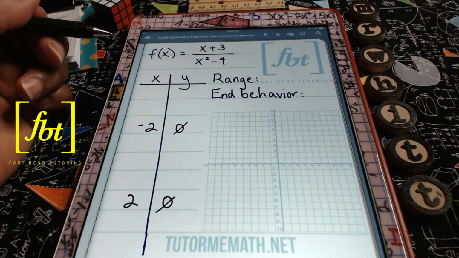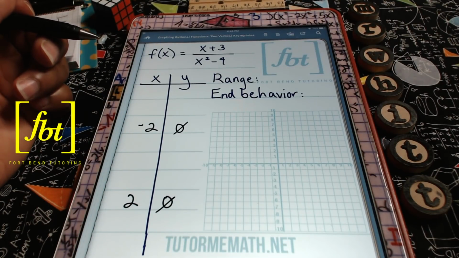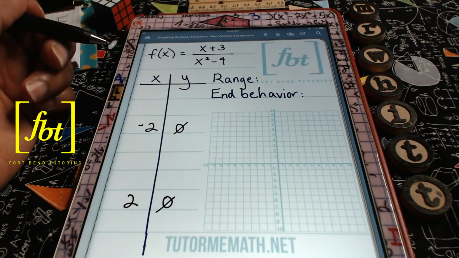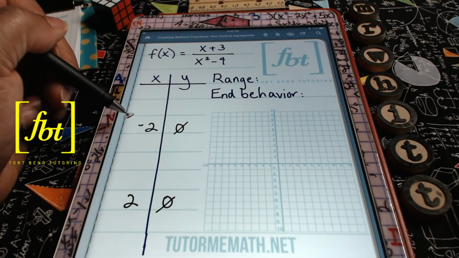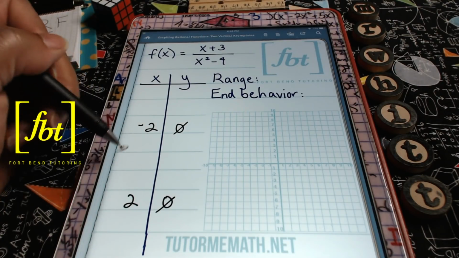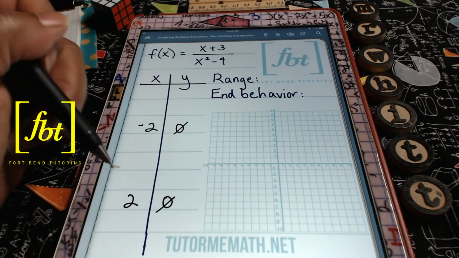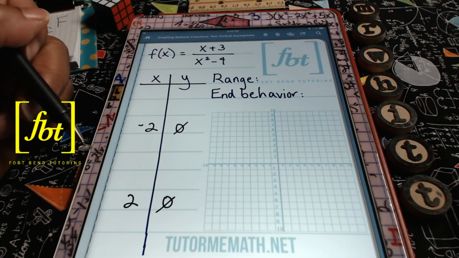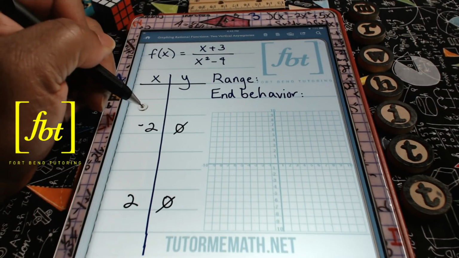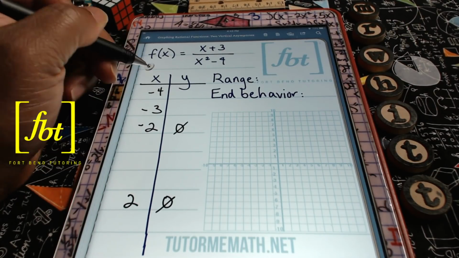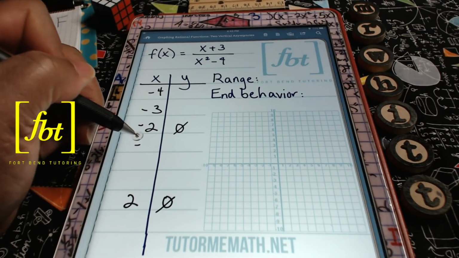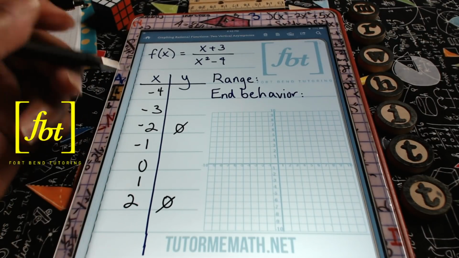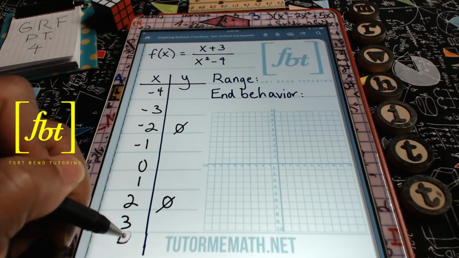What I want to do is come up with some values to the left of -2, some values in between -2 and +2, and some values to the right of 2 to make sure that our graph is as accurate as possible. So let's choose values like -3, -4. How about -1, 0, and 1, as well as 3 and 4.